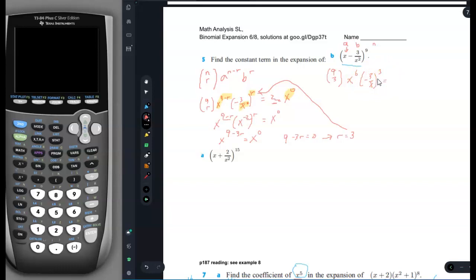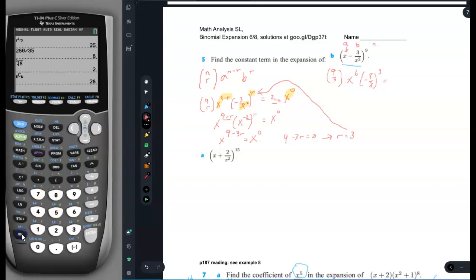Let's use the calculator to figure out what 9 choose 3 is. 9 choose 3 is 84.